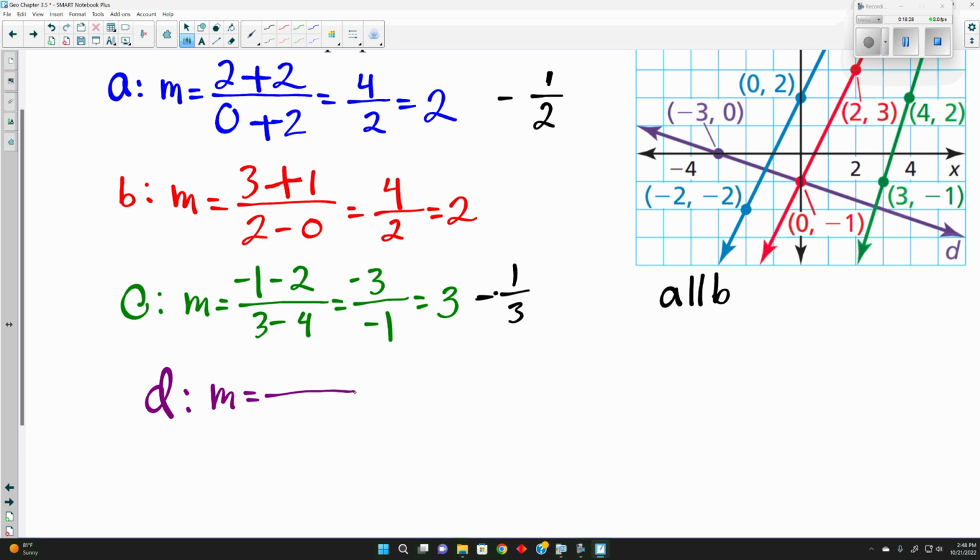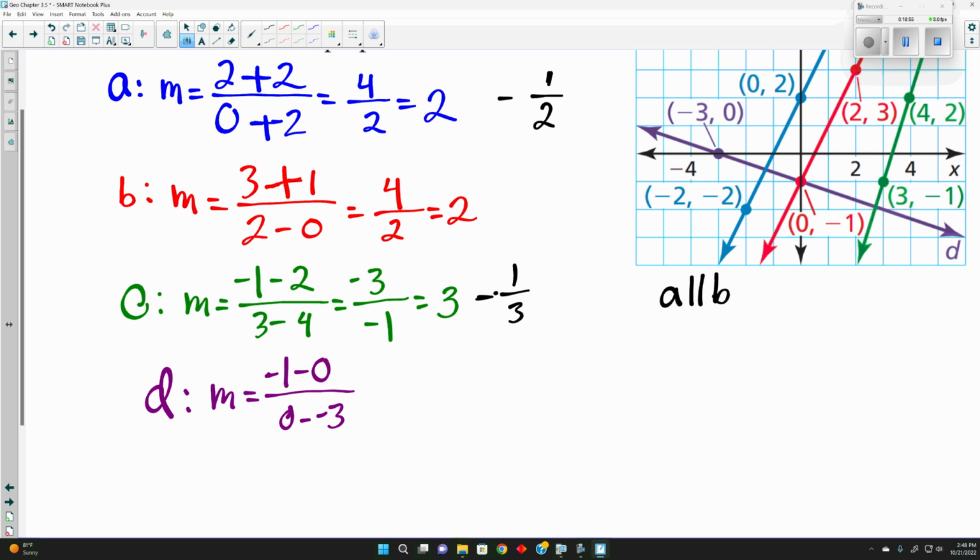Line D. So our two points are negative 3, 0, and 0, negative 1. So negative 1 minus 0 over... so I put negative 1 first, its x value is 0.